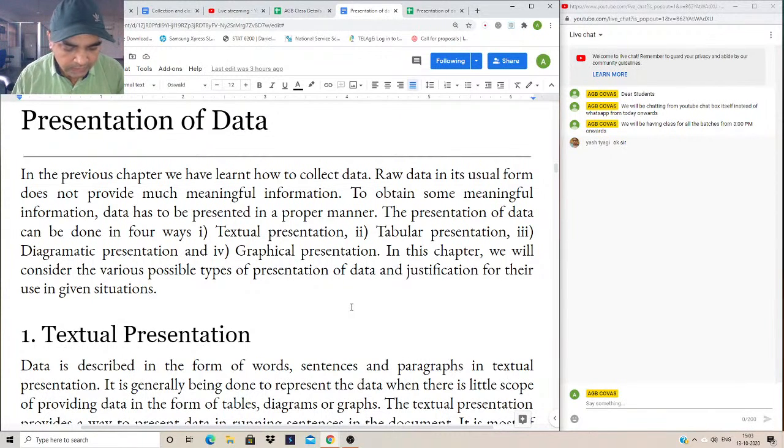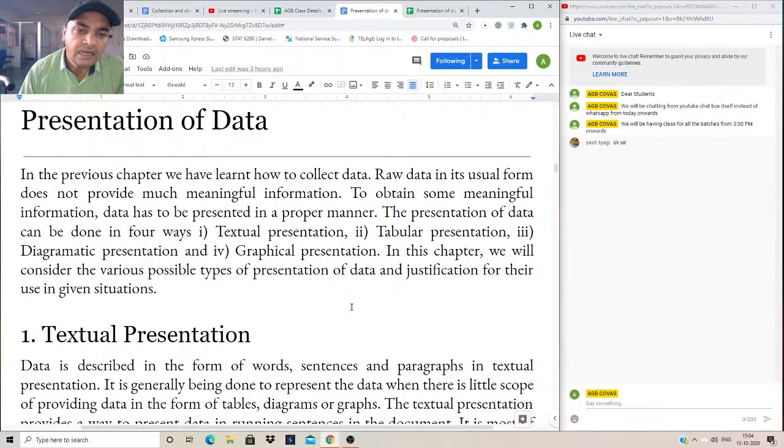This topic is particularly very important because we started with the introduction and importance of statistics and biostatistics, the definitions and different things, and then we moved on to data, and tried to understand what data is and what its different types are. Then we came across collection of data, the different methods of collecting primary and secondary data.